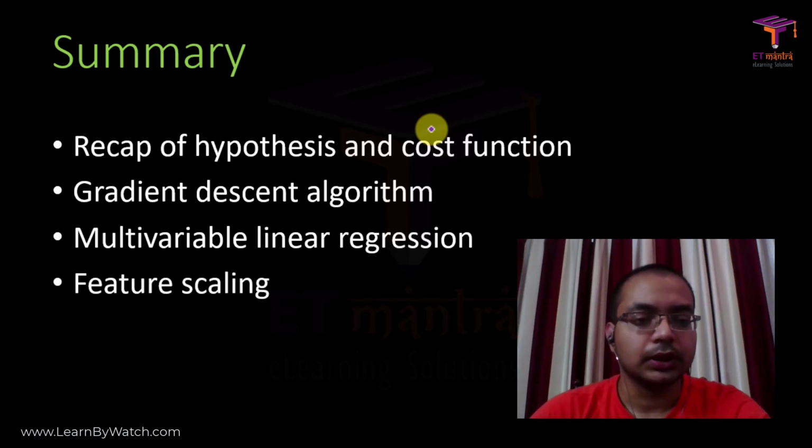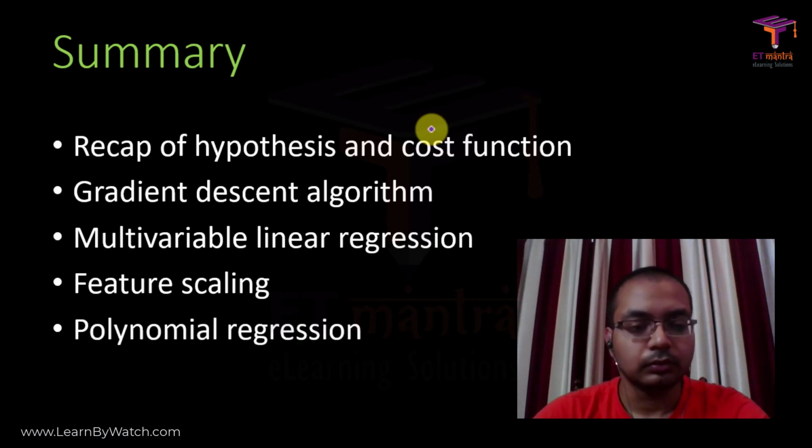We have looked at feature scaling and how important it is when considering multivariable linear regression. We have also looked at polynomial regression as an extension of linear regression. And finally, we have looked at the normal equation and understood why it should not be used.